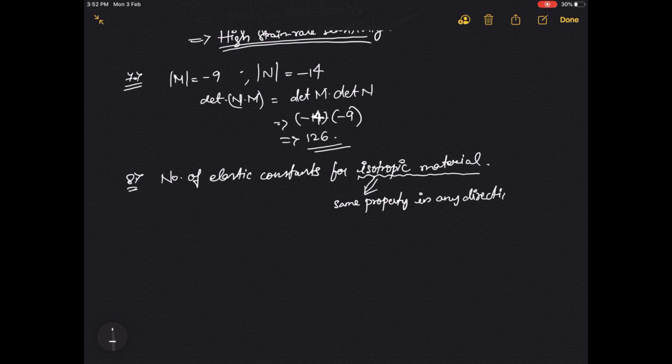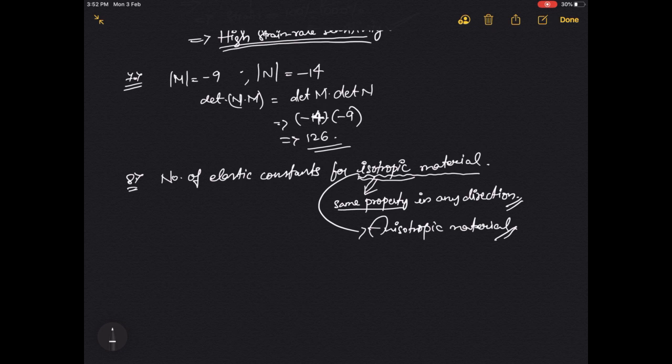That is, it is invariant with the direction. So if you take elasticity, it will be the same in all the x, y, z, or whatever direction you take, you will have the same constant value. The opposite to this is anisotropic material, where there is a change of material properties with respect to the directions. So here they asked for isotropic material.